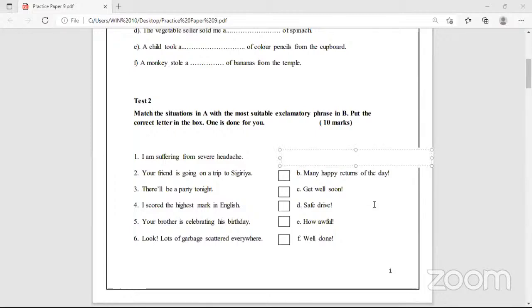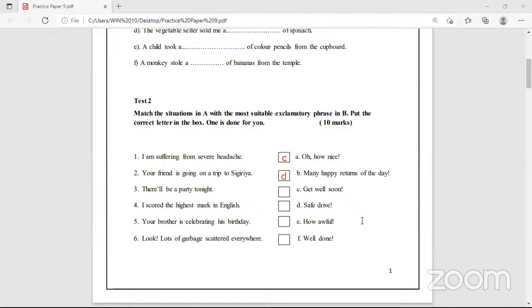So the answer is C. Next one, second one, your friend is going on a trip to Sigiriya. So the correct response is D, safe drive.